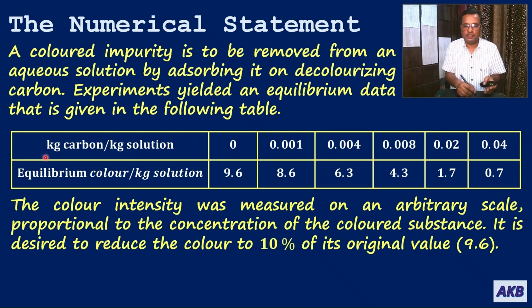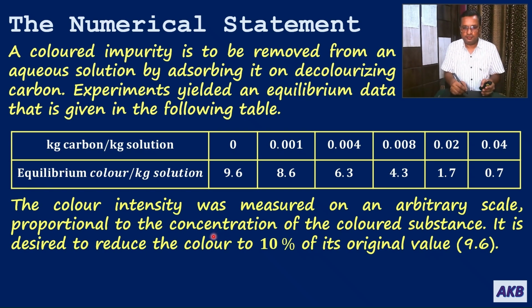So you have different values for kg carbon per kg solution and equilibrium color per kg solution, which are in equilibrium with each other. The color intensity is measured on an arbitrary scale, and the color intensity is proportional to the concentration of the colored substance. So the value of the color intensity will tell you about the concentration of the colored substance.